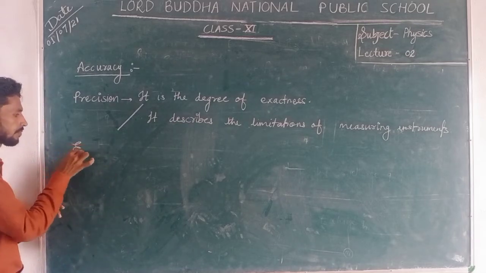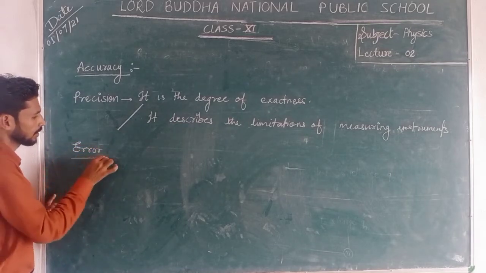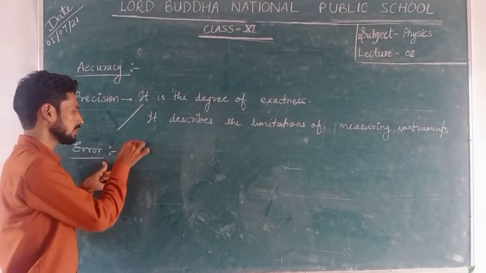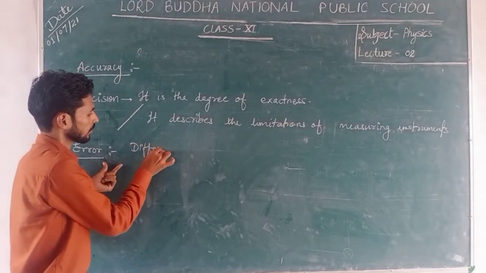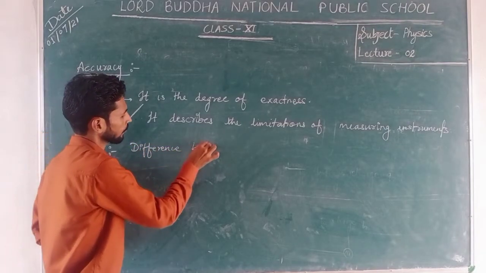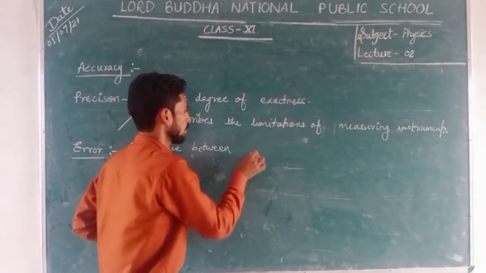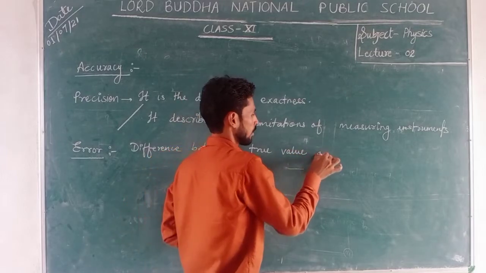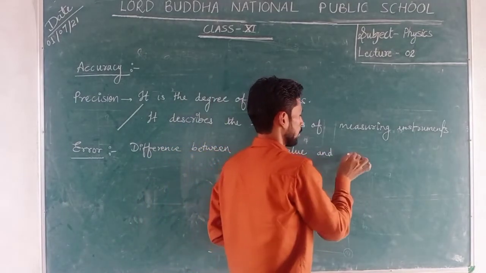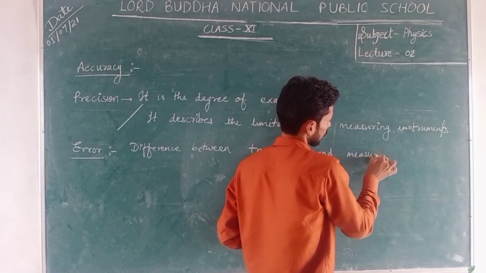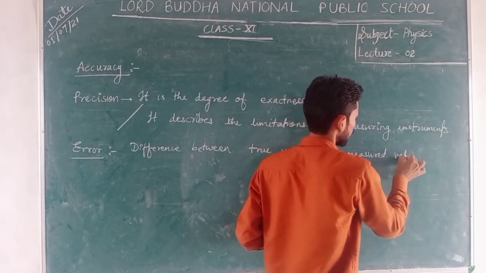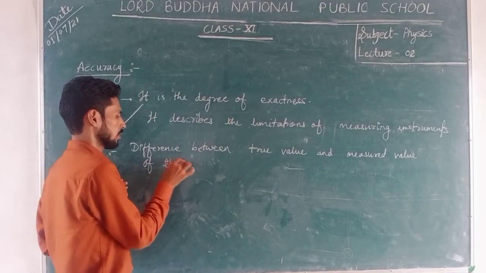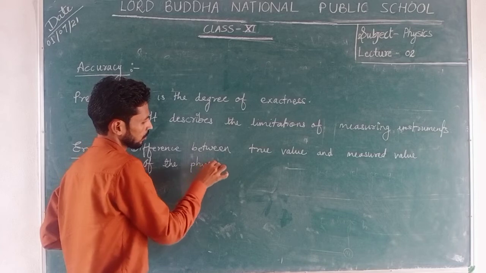Next topic is error. Error is the difference between the true value and the measured value of the physical quantity.